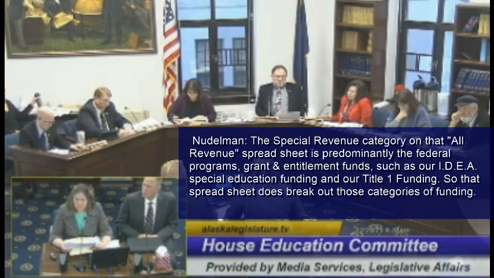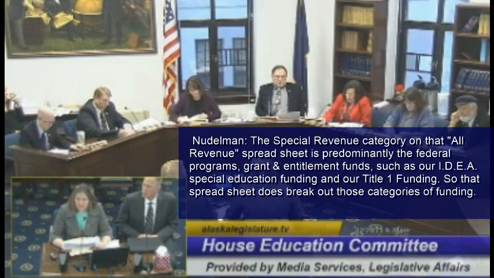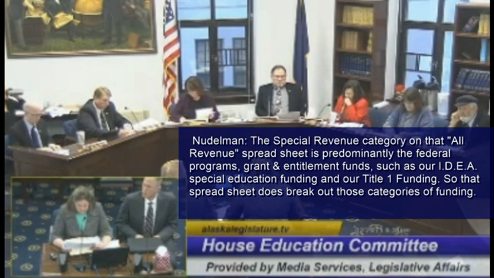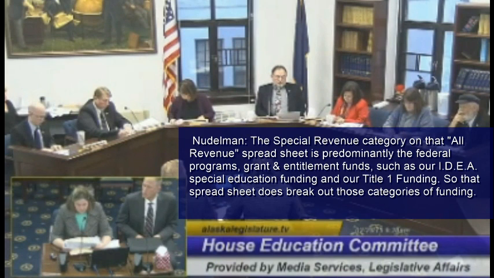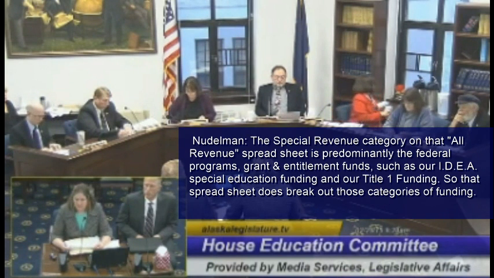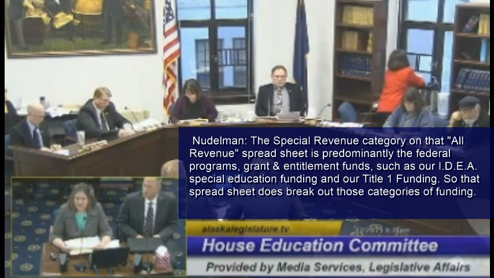The special revenue category on that all revenues spreadsheet is predominantly the federal programs, grant entitlement funds, such as our IDEA special education funding and our Title I funding. So that spreadsheet does break out those categories of funding.